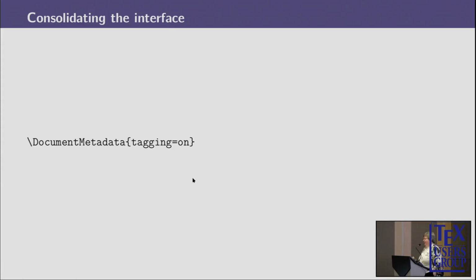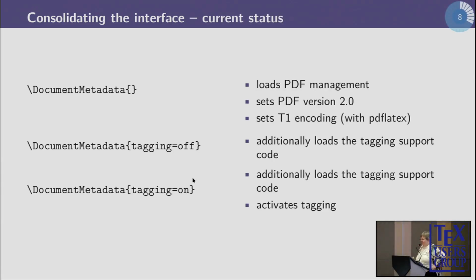So now we are no longer using test phase, and instead we have a tagging key. And I think this key will stay. This key will load the new code. The current status, with the current latest release, is that if you use document metadata at the beginning without a key, then it will load the PDF management.